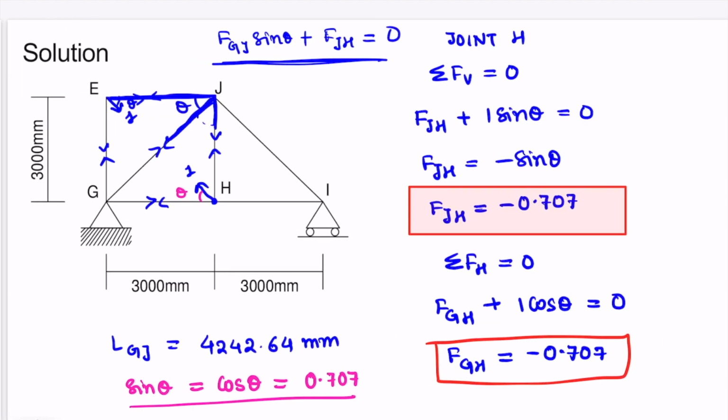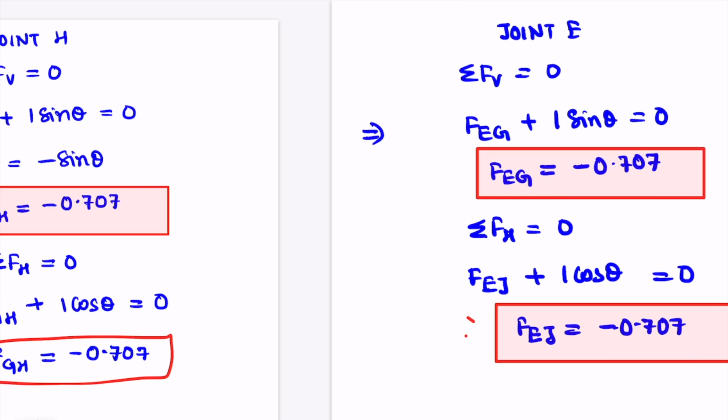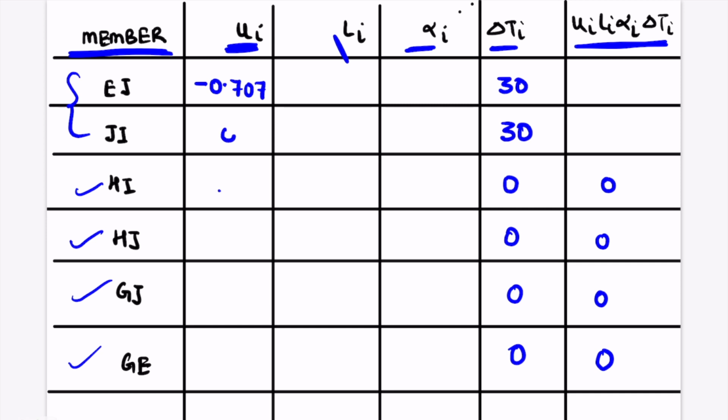Member JI is a zero force member, so UI is 0. So for member JI, after multiplication, this term will become 0, because 0 is here. If we multiply anything by this 0, this entire term will become 0. Now we have to only worry about the member EJ.